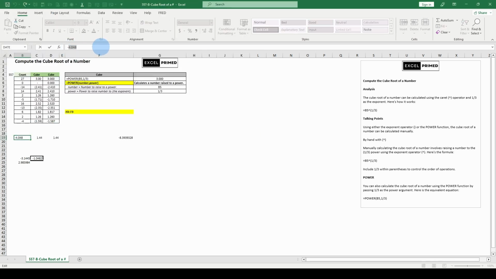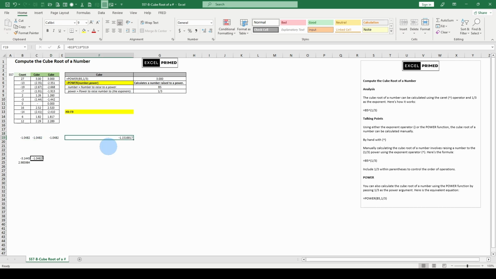So you have to go 1.0482, enter, and go times 3. Just copy right. Pause. Okay, it's absolutely critical that when you're dealing with these carets here, that you put them in parentheses.